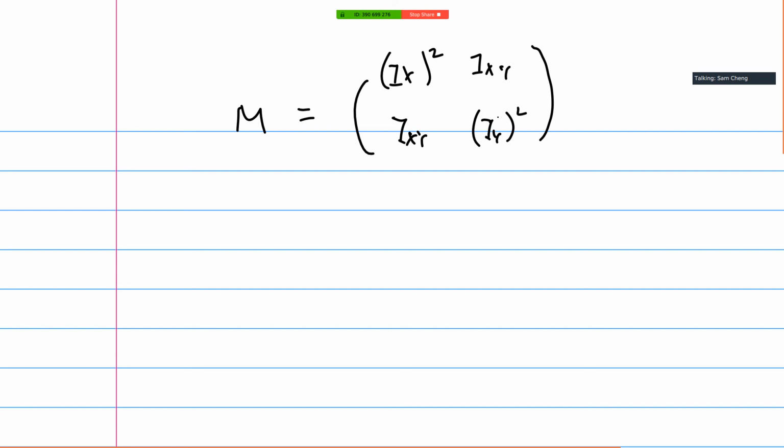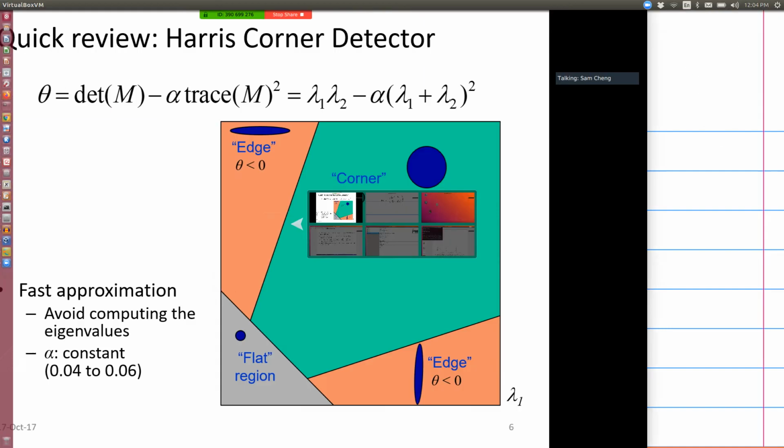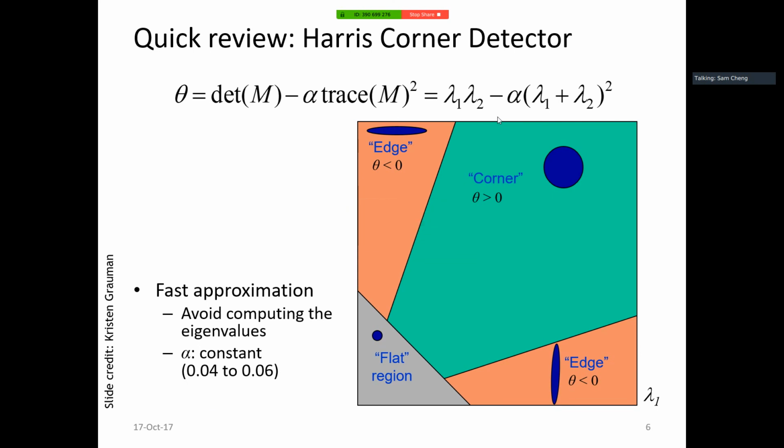And from this matrix, we derived last time that you can compute some corner response score. The score is basically from the eigenvalues of this matrix. If both eigenvalues, lambda 1 and lambda 2, are big, so more or less in this region, then it will be identified as a corner. So the Harris corner detector basically computes this.